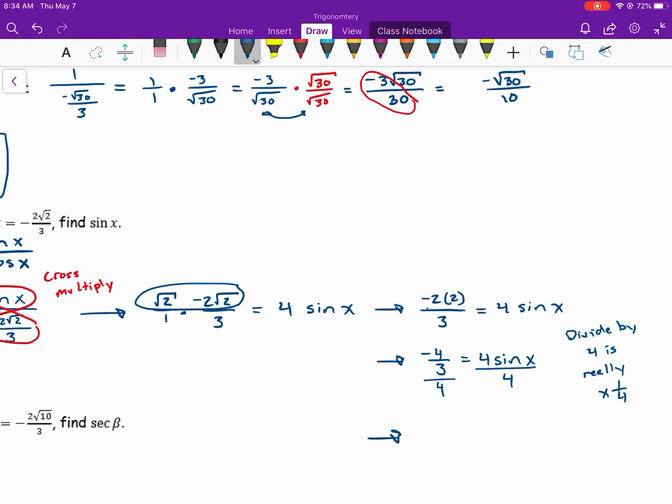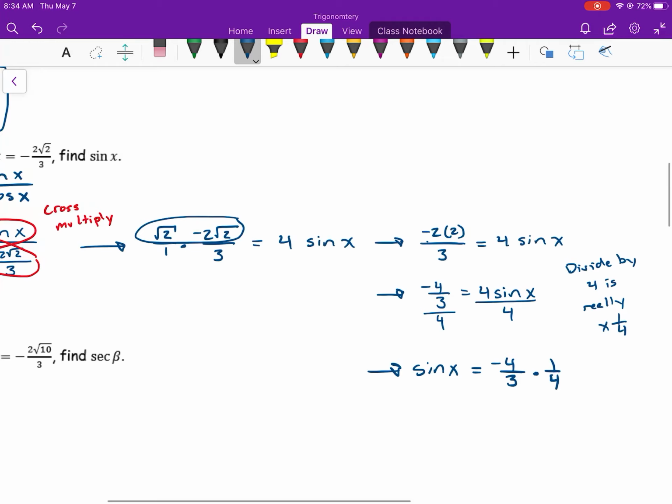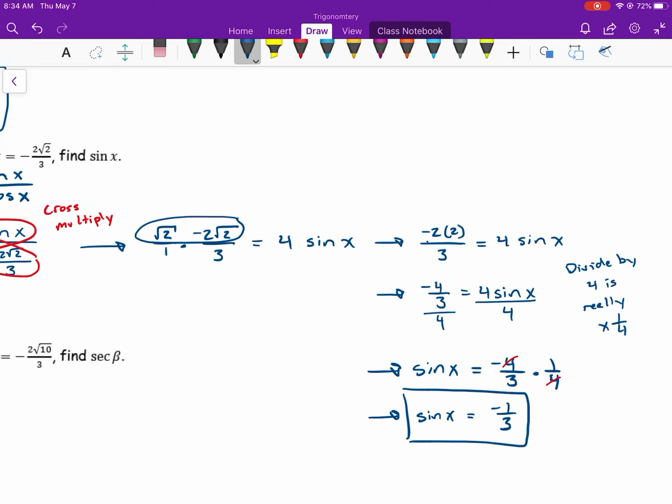So I'm going to get sine of x is equal to negative 4/3 times 1/4. So I get sine of x is equal to, these 4's cancel out, I get negative 1/3. So sine of x is negative 1/3.